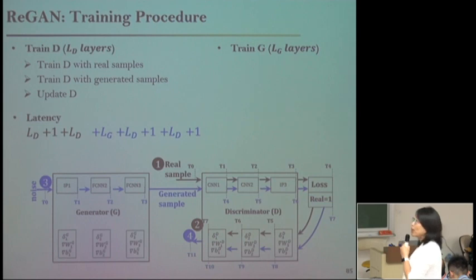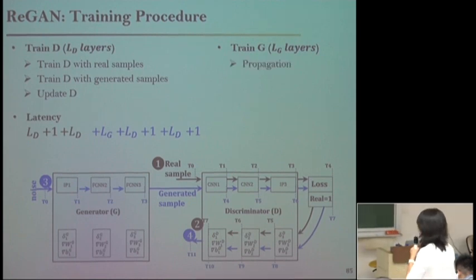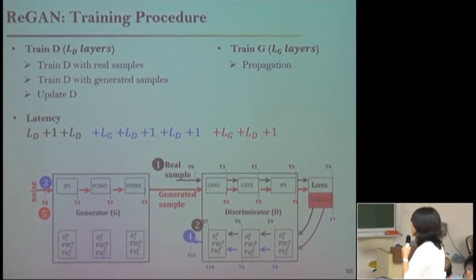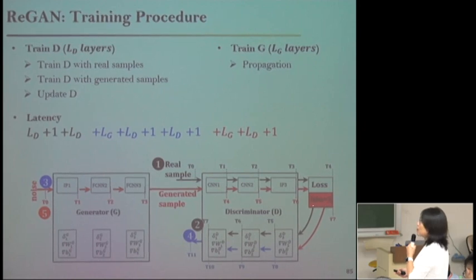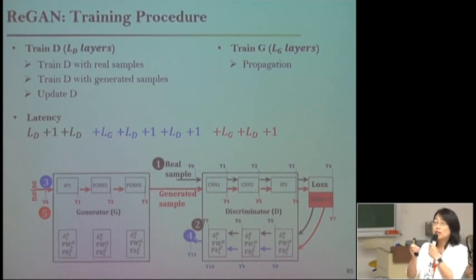We also need to train Gs, because training the generator and discriminators is a paired operation in GAN systems. So we first go through the propagation. Noise goes through the entire path and reaches over here. The latency is LG plus LD. The cost function of the generator is actually different. Here we're trying to fool the system. The discriminator tries to judge any image correctly, right?